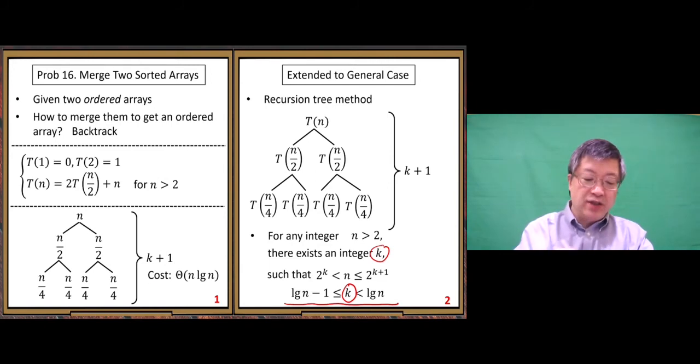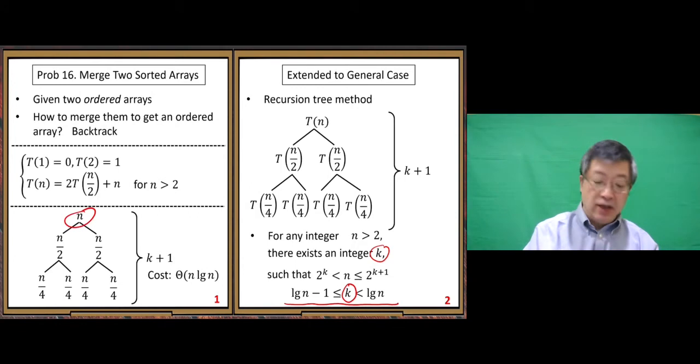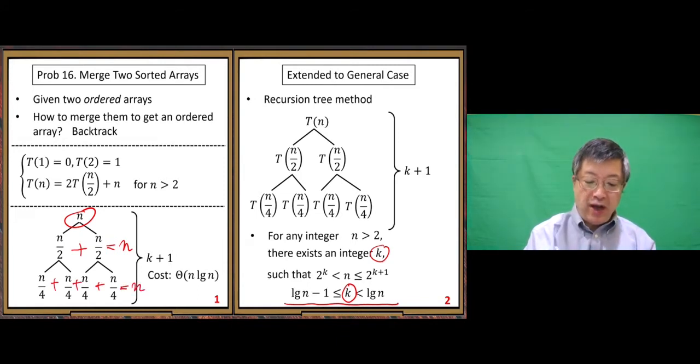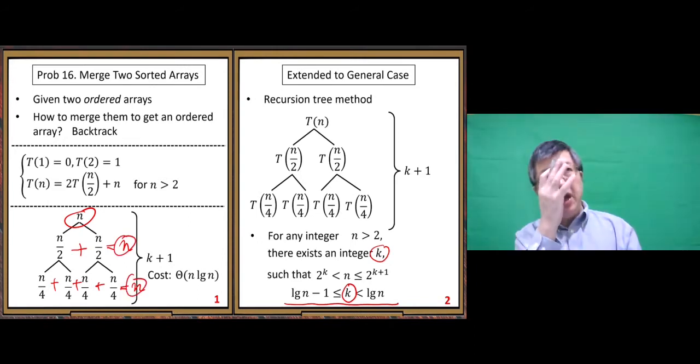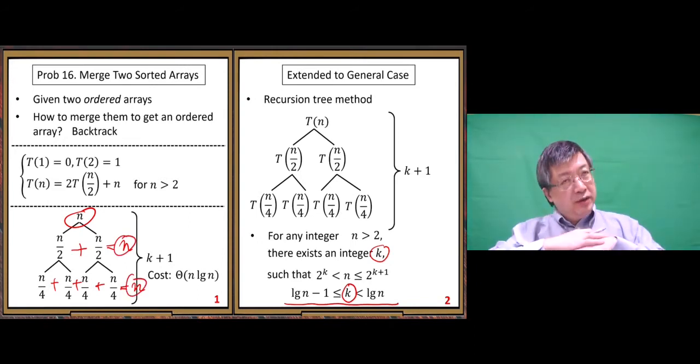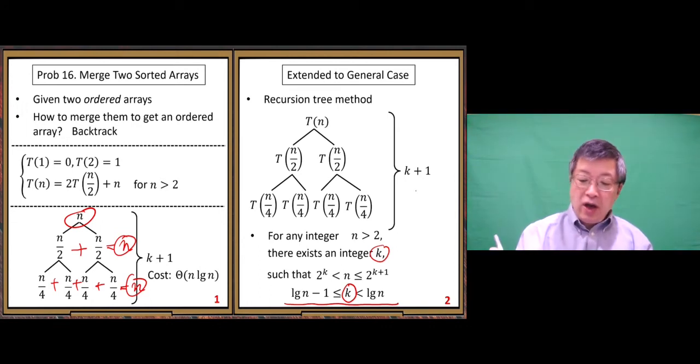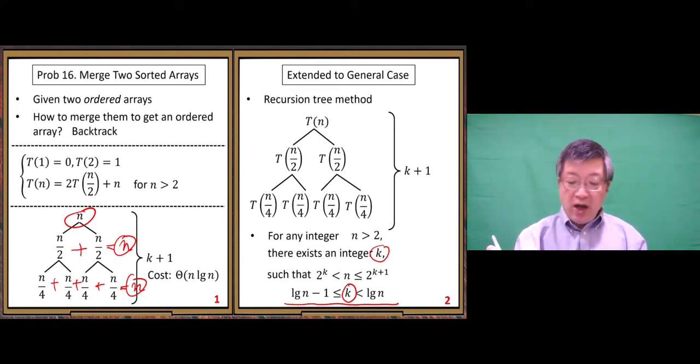And the cost. Here you can see each level, the cost is n. Next level, you add up these two, you also get n. Next level, you add up all the terms, you also get n. So each level you have cost n. You have approximately log n levels.